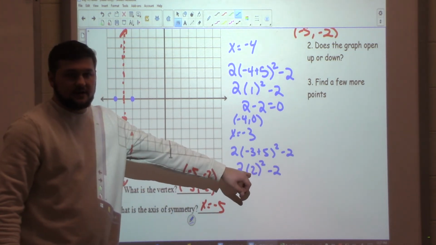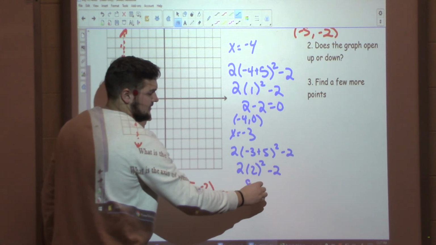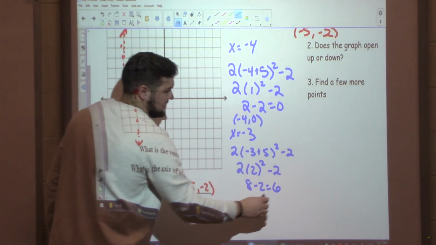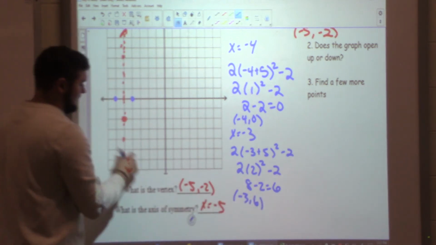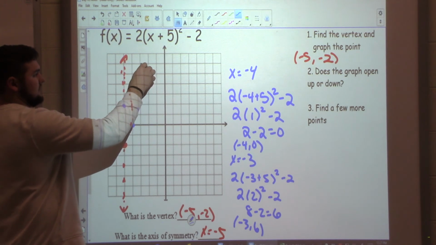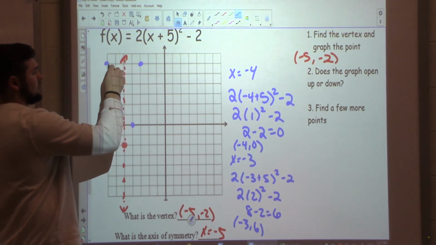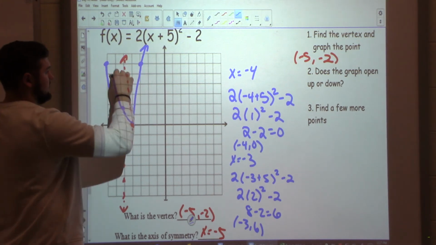Well, 2 squared is 4 times 2 is 8. Minus 2 gives me 6. So at negative 3, 6, I should have my other point. Negative 3, 1, 2, 3, 4, 5, 6. Mirror it across and draw in your parabola or your quadratic equation.